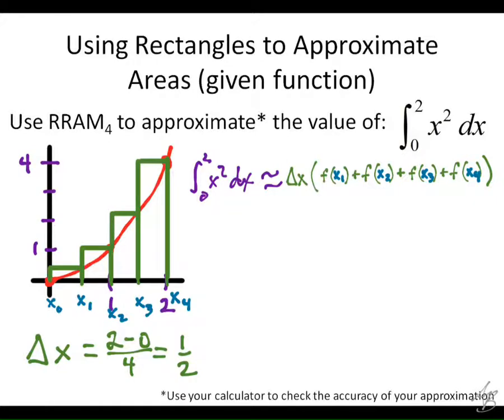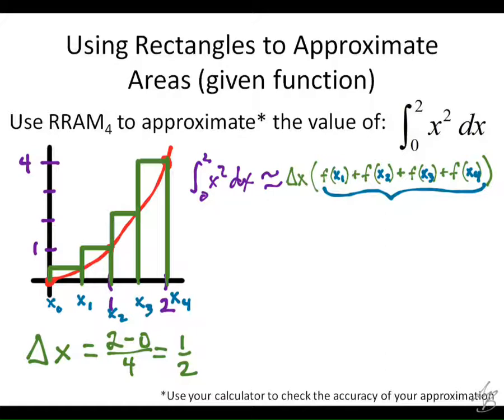Now, I'm getting a little ahead of myself here, but I'm building up to a formula because eventually we're going to want this number of rectangles to be variable. We're going to want to be able to use 10 rectangles or 100 rectangles or 1,000,000 rectangles or infinitely many rectangles. So one thing we can do here is take this part right here and rewrite it simply.